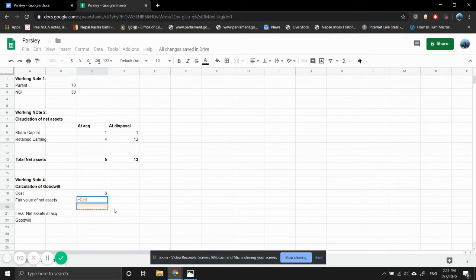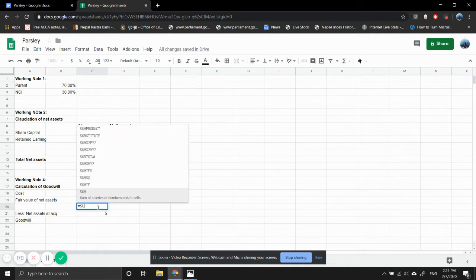This will basically be net assets, 5, into the NCI percentage, so I need to change this as well. 70, 30, right? So now that's good.